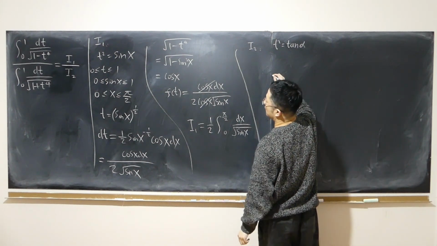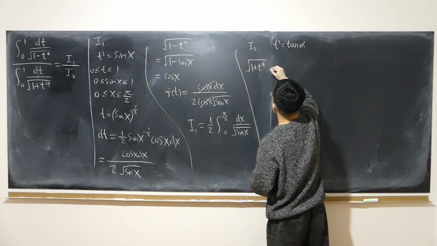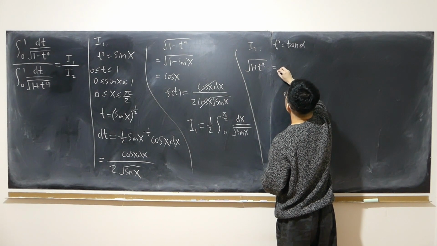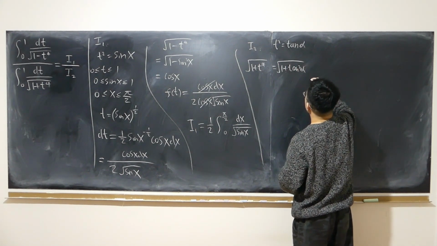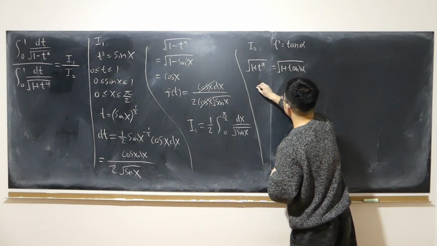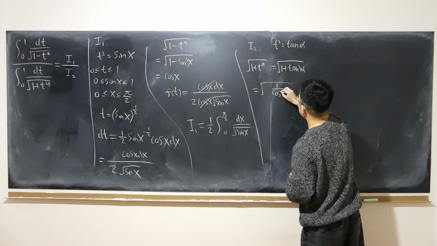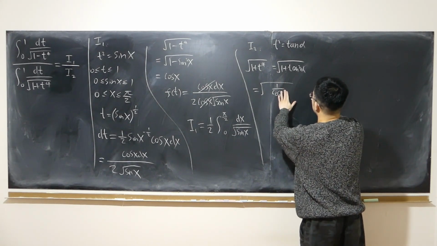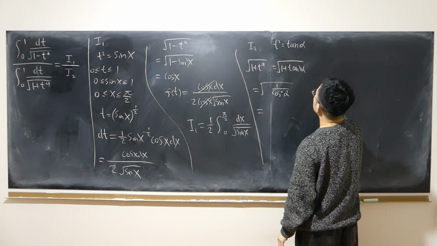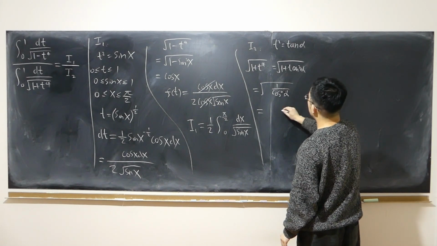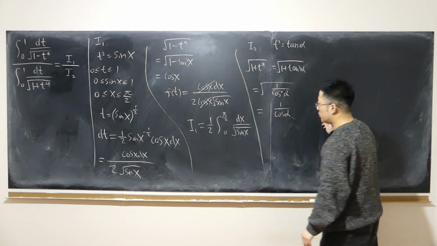Because that way the square root of 1 plus t to the power of 4 can now equal the square root of 1 plus tangent squared alpha. That is simply the square root of 1 over cosine squared alpha, which I think is positive, 1 over cosine alpha.